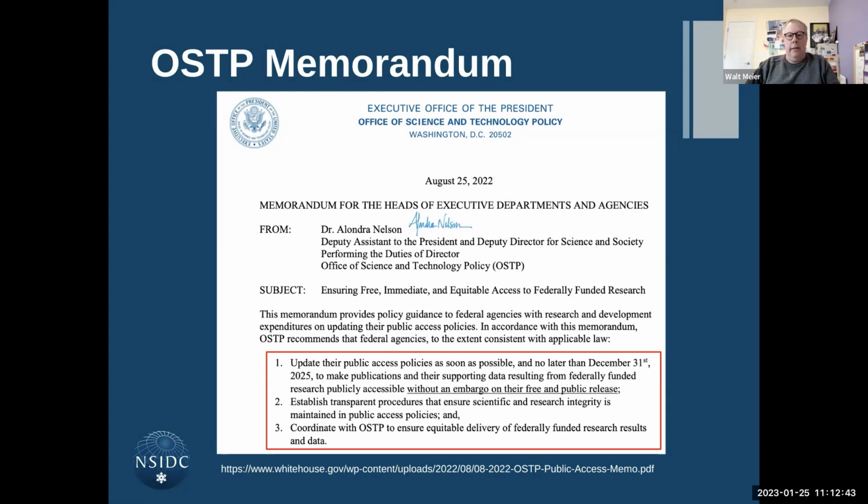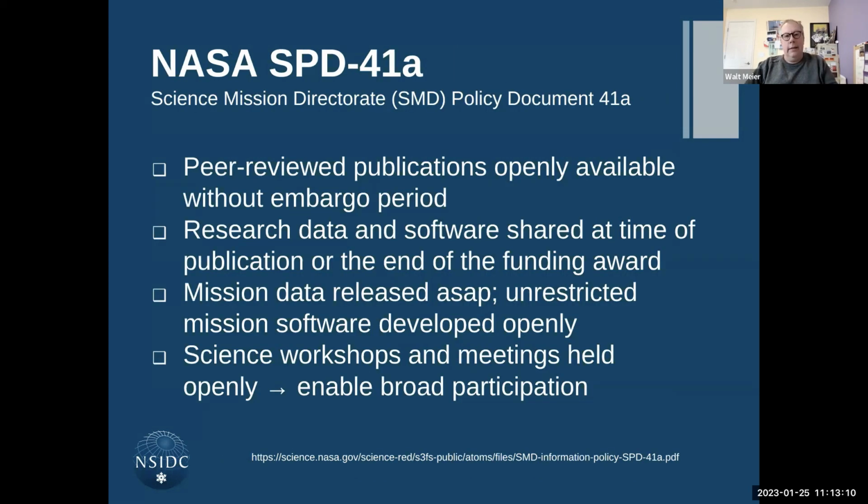It's basically coordinating across federal agencies to make things open. So OSTP is the executive branch's overall science policy group, so this is coming pretty much from the top, essentially from the president of the U.S. Like I said, there are lots of things going on.